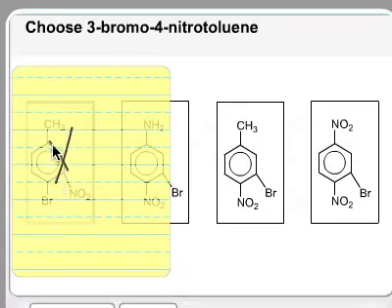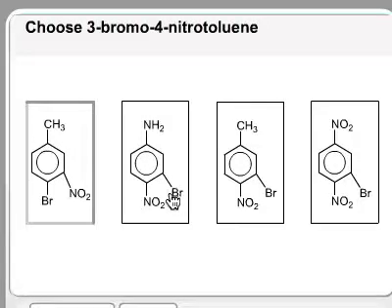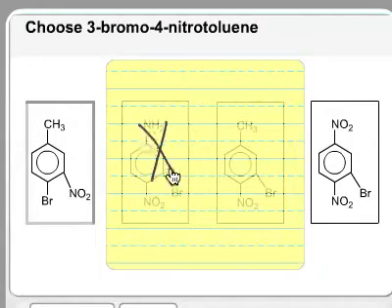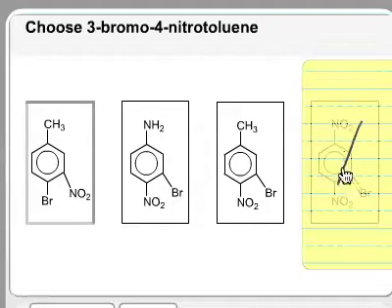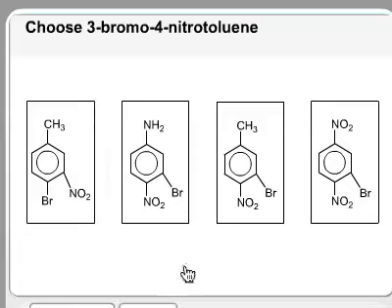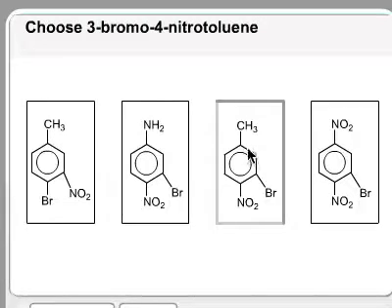So this one is ruled out. All right, this is not toluene. That's aniline. Here we go. 1, 2, 3, 4. That looks good. Let's look at this one. This is not toluene. So it has to be this one. And 1, 2, 3, 3-bromo, 4-nitrotoluene.